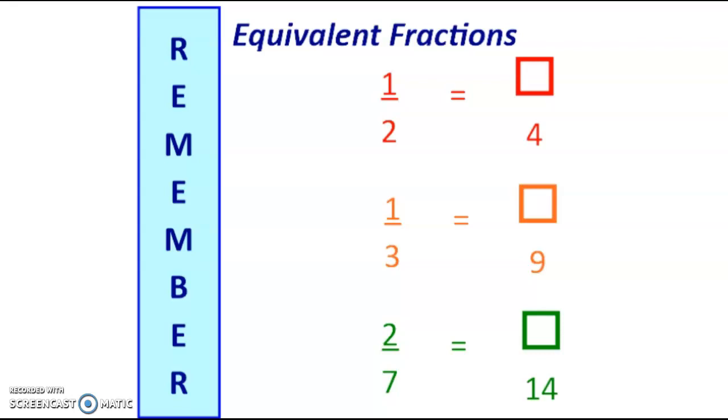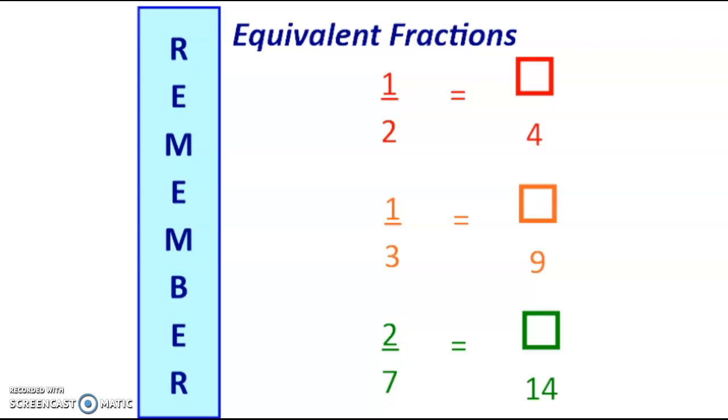So I've got some examples here with some missing numerators, some missing numbers on the top. So we're going to have just a quick recap on how we find equivalent fractions. I'm going to show you using some diagrams hopefully to help you as well. So our first one, our red one, is we have a half.